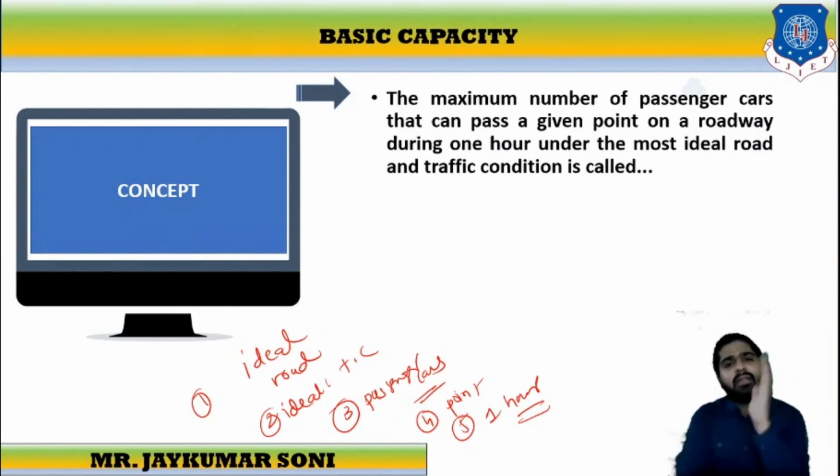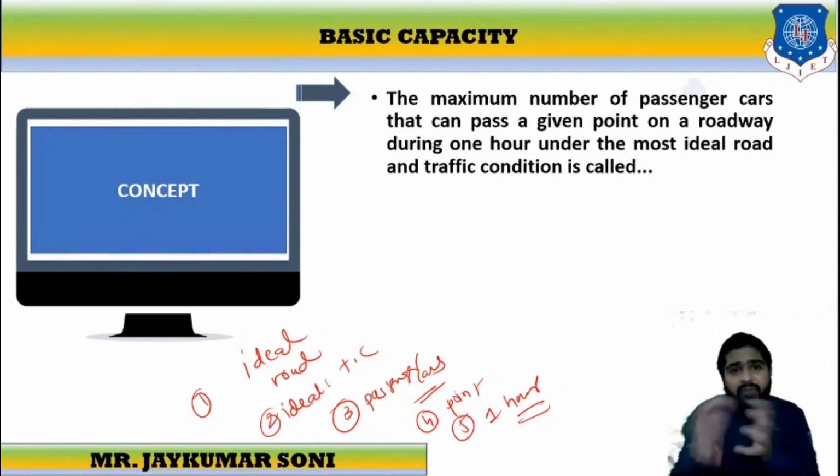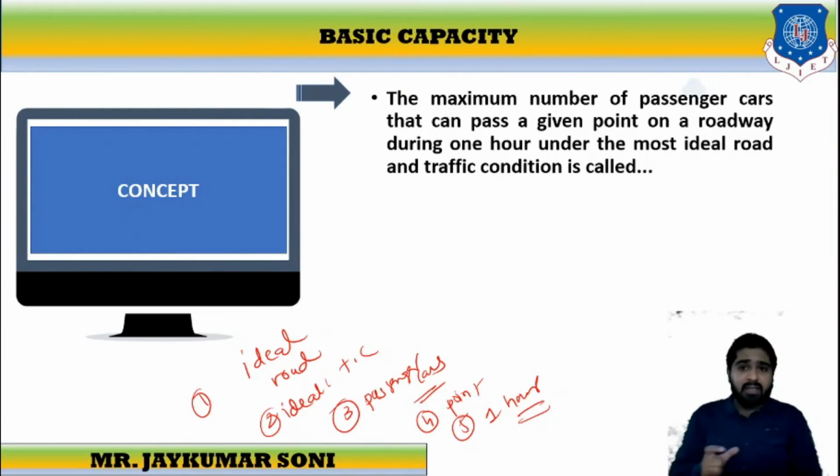So in traffic capacity we discussed that a unit time and a specific point are taken, and in basic capacity we quantify this: we take 1 hour, we consider only passenger cars, one given point on the road, and ideal traffic and road conditions, meaning the roads are very good, there are no potholes, no cracks, and the traffic is very light. These things can never happen practically in real life, but whenever we discuss a phenomenon or definitions, we have to understand the concept thoroughly.